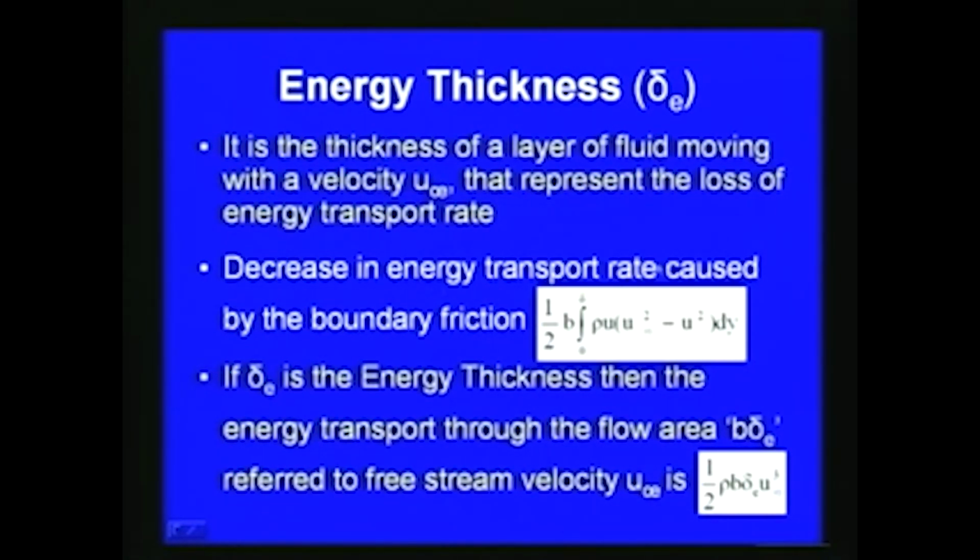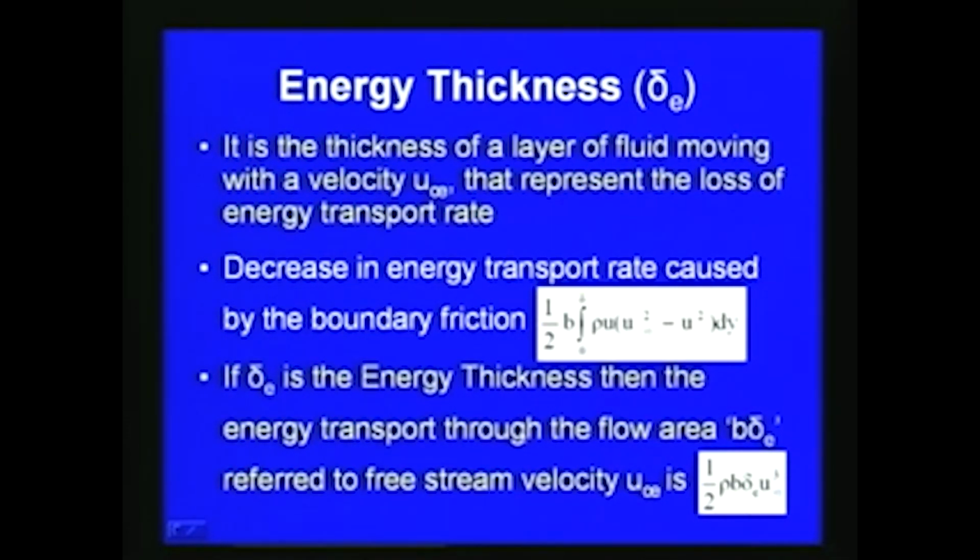So, the decrease in energy transport rate caused by the boundary friction we can write as, if we consider a fluid width as B, half B integral 0 to delta rho u infinity square minus u square dy. So, if delta E is the energy thickness, then the energy transport through the flow area B into delta E referred to the free stream velocity u infinity is half rho B delta E u infinity cube.